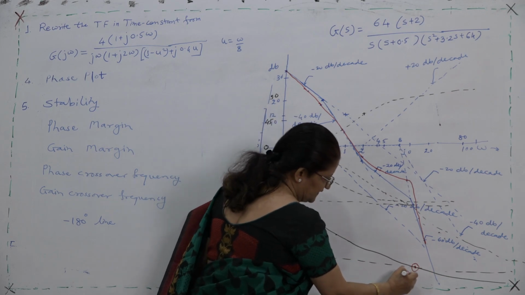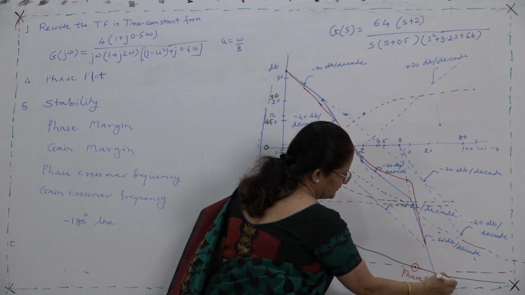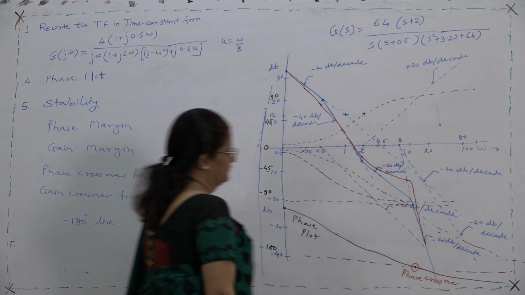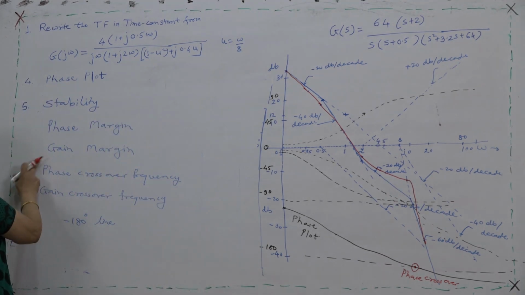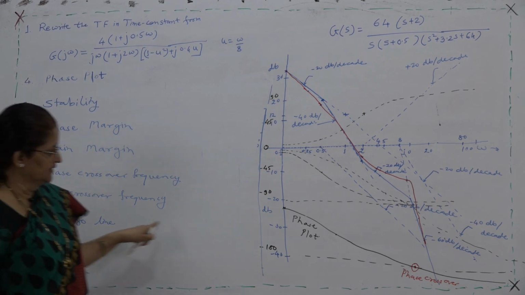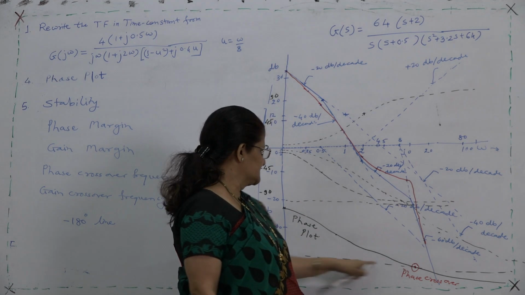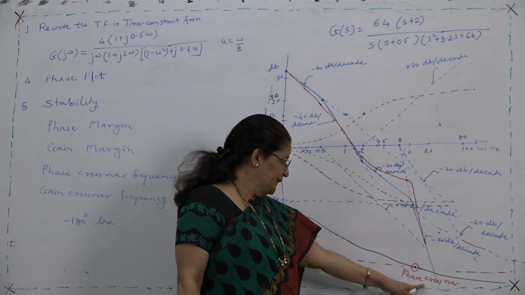So, as per the definition, I am not defining it in words, I am just showing it on the graph paper. Phase crossover frequency is the frequency at which the angle is minus 180 degree, that is, it crosses the minus 180 degree line. So, observing this, if this is minus 180 degree, this is your phase crossover frequency.